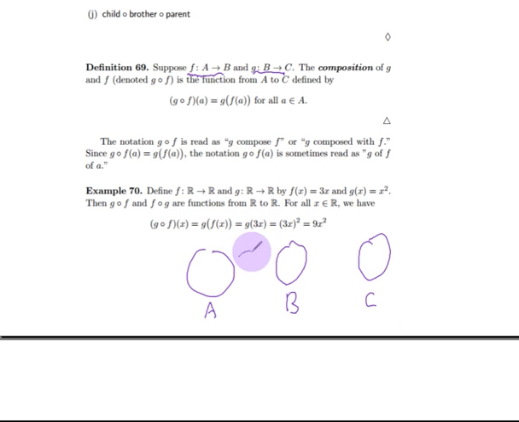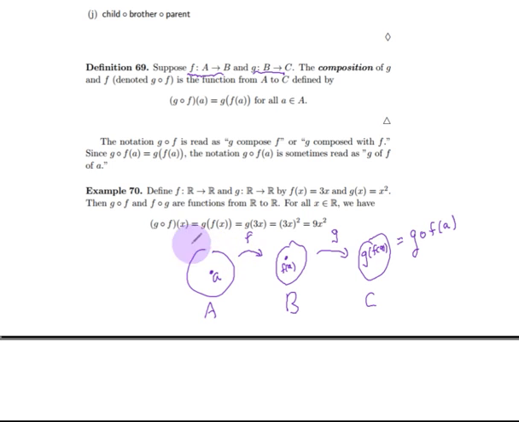So f goes from A to B, and g goes from B to C. And we want to define g composed f, notice g composed f, of any particular element of big A. So let's call that element little a. So how would you define g composed f of little a? Well, if I apply f to little a, I'll get f of little a in here, and then g of this element is going to be g of f of little a. Or that's the same thing as g composed f of a.